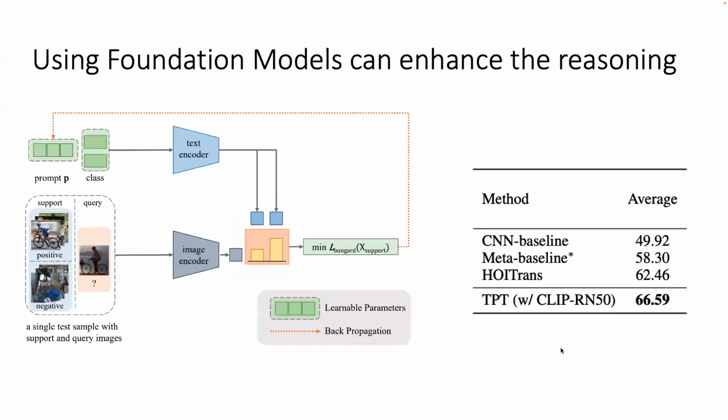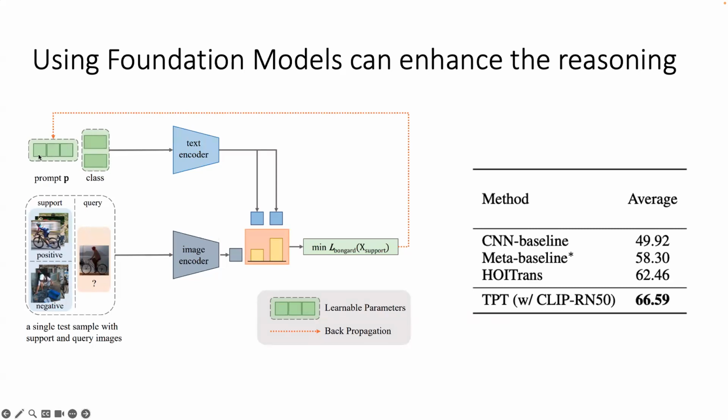We also show that foundation models provide new opportunities. For example, we can apply a similar idea of prompting to solve this task. Here we have the positive group and the negative group, so we can apply the prompting method which we introduced before to this setting. For example, we have the CLIP model, a foundation model, and we don't change any parameter of the CLIP model. The input has a positive group and a negative group, and based on them we can update the prompt.